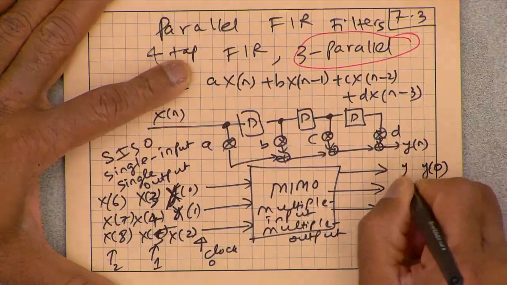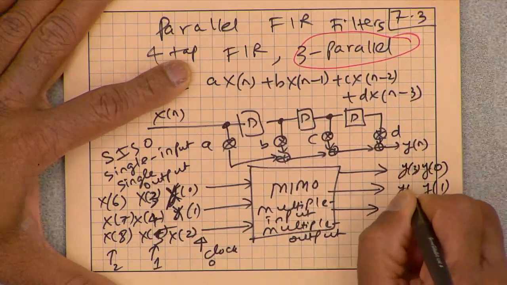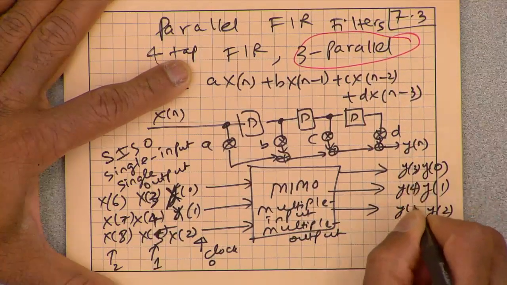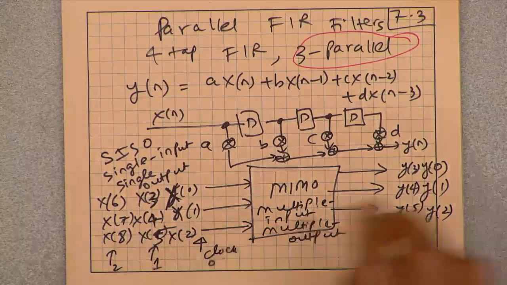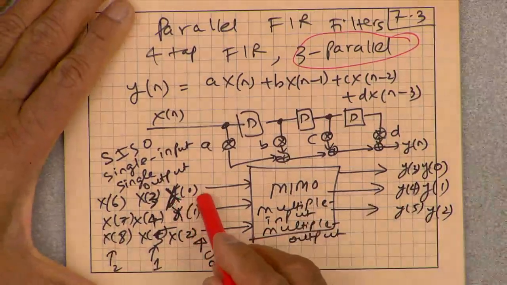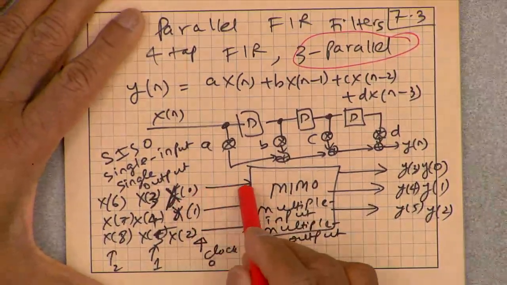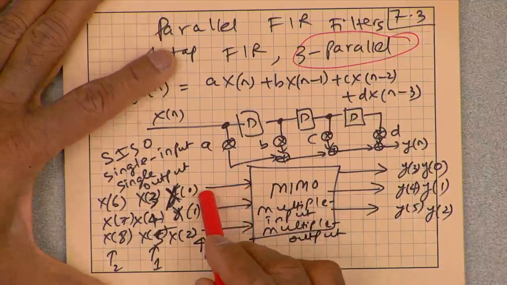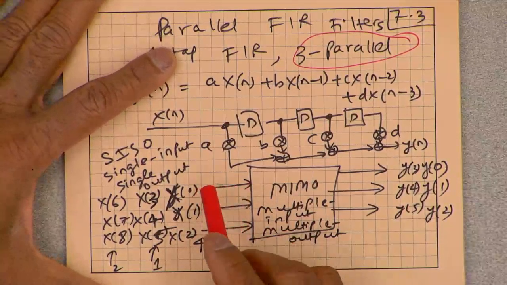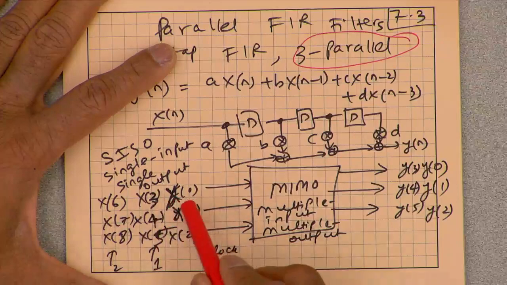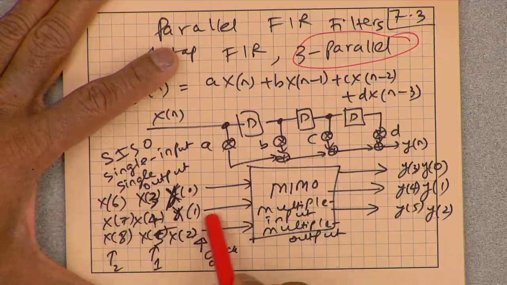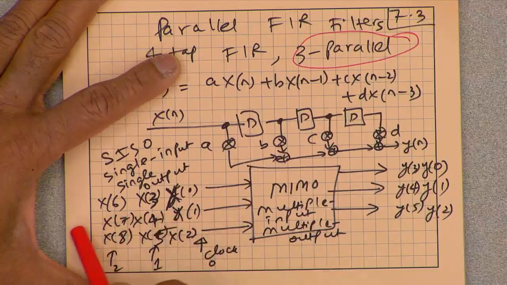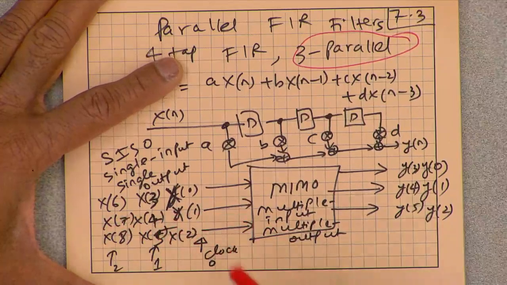In the next clock cycle, y3, y4, y5, etc. So what we see here is that this top wire is feeding samples that are 3 units apart. You can see 0, 3, 6, multiples of 3. The next one is feeding multiples of 3 plus 1, and this is 3 plus 2.